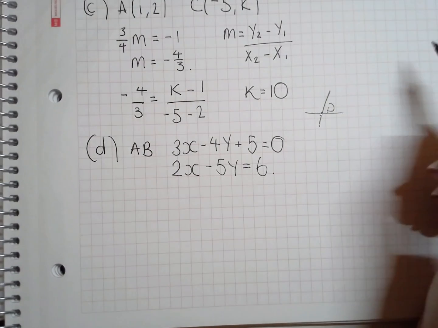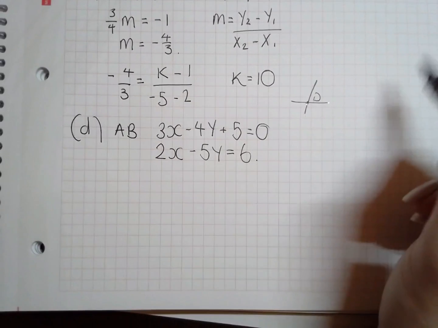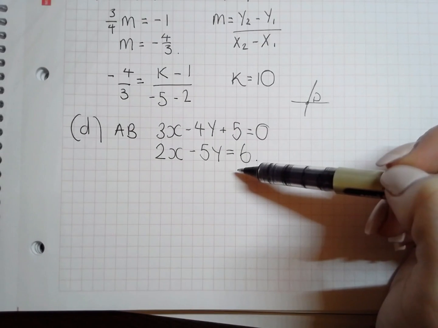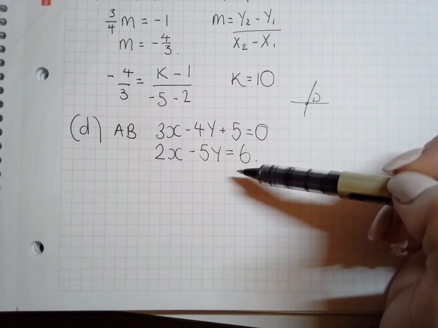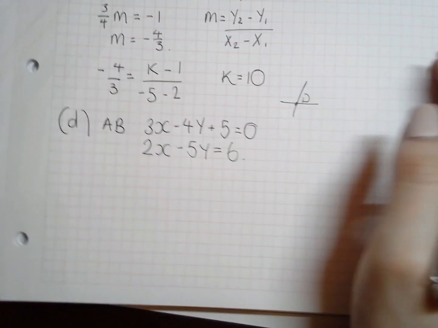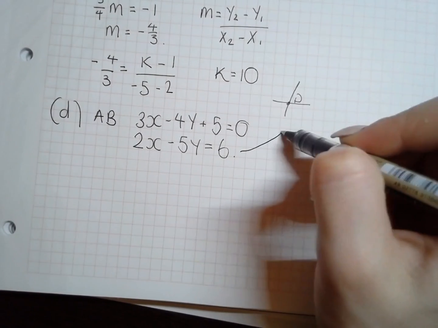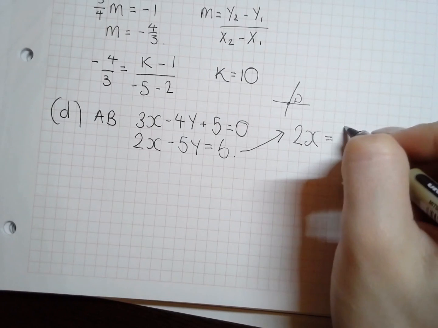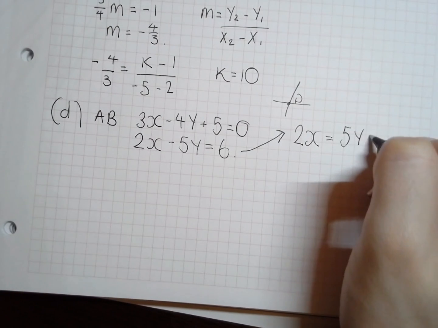So this question comes up quite a lot, and it just requires you to do simultaneous equations to find out the x and y coordinates. So the way I like to do simultaneous equations is just to make one of the equations equal something. So let's just take this one here, 2x equals 5y plus 6.